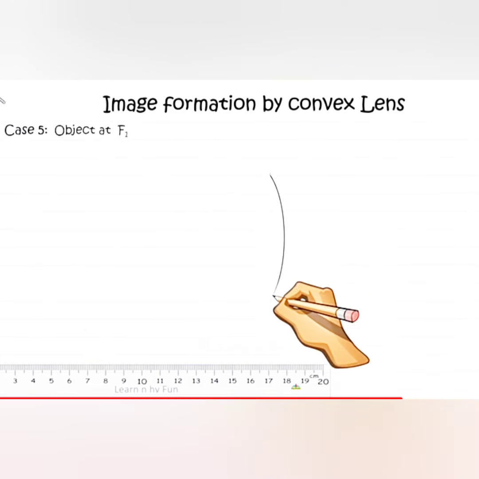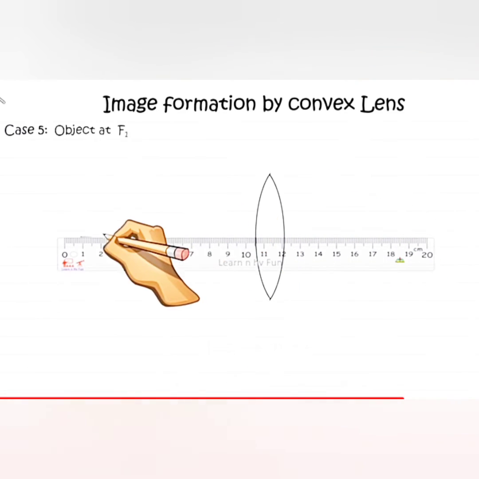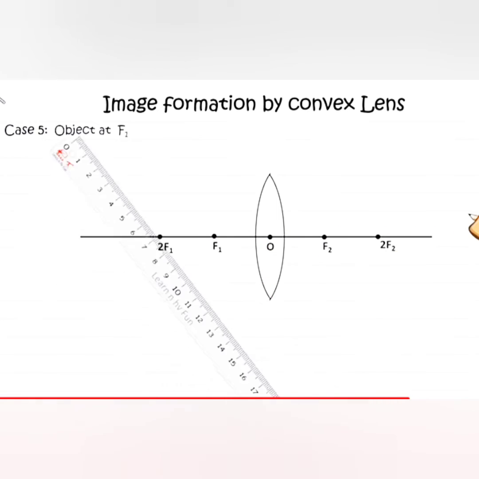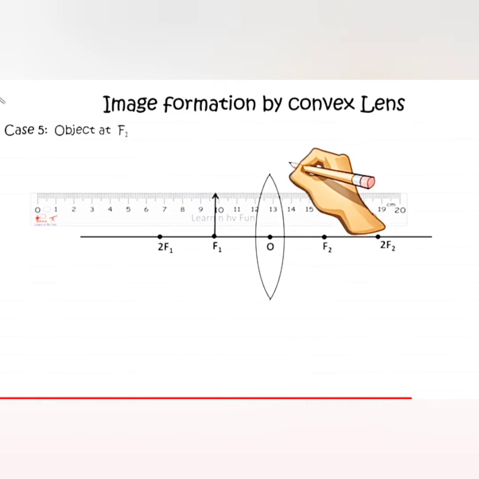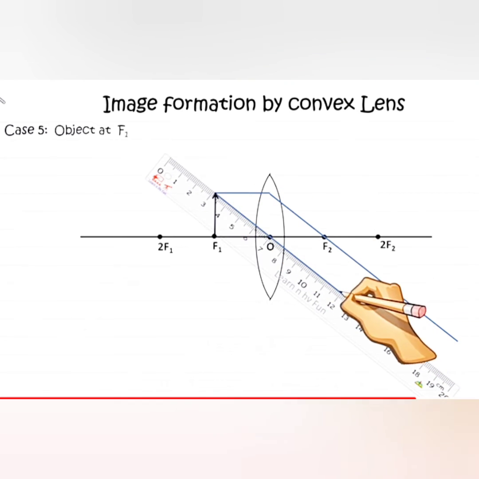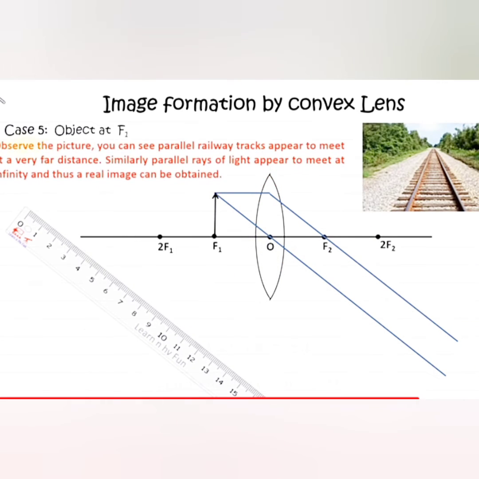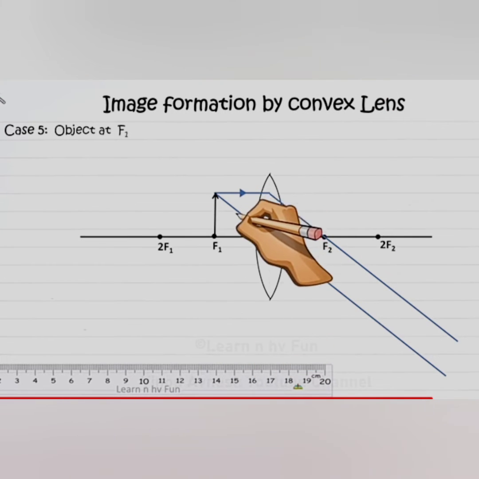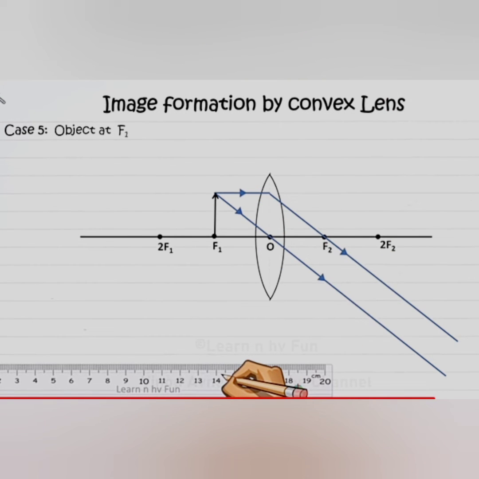Now it's time to watch case number 5, when the object is at f1, that means the focus or main focus. According to the previous rule, we have to draw two ray diagrams from this object, and you are watching a special picture here. This image is like that. So what is the characteristics? Because both lines don't meet each other in front of us, they may meet each other at infinity.